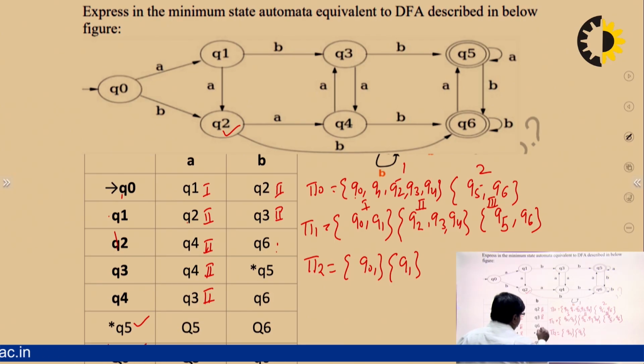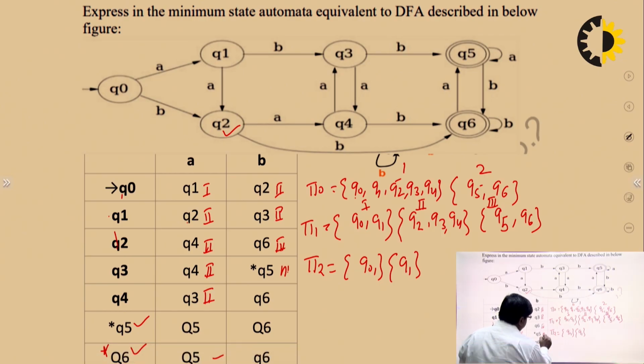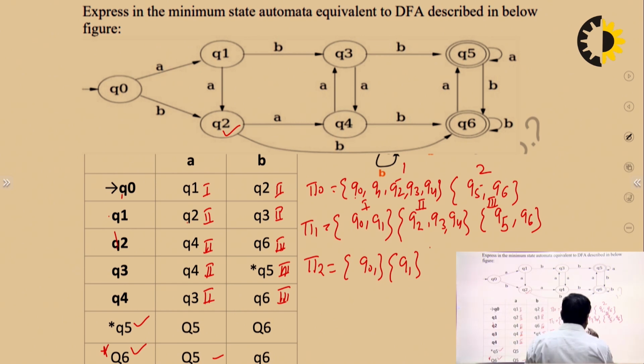It lies in the third set. Again, it lies in the third set. It means Q2, Q3, Q4 again have a similar behavior with respect to the transition function.